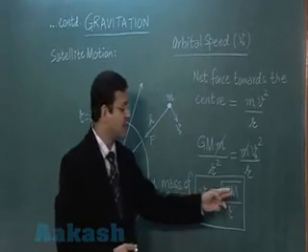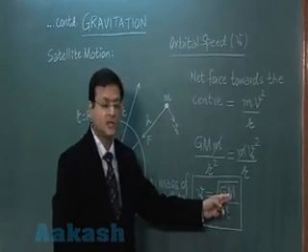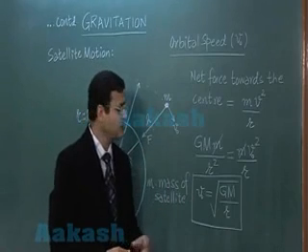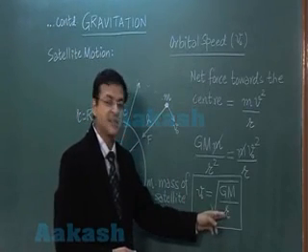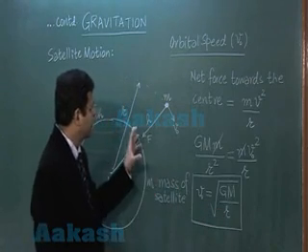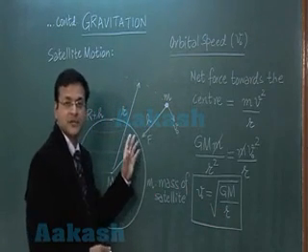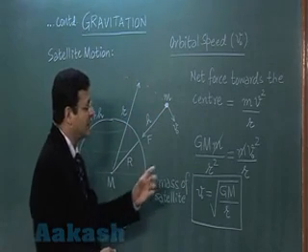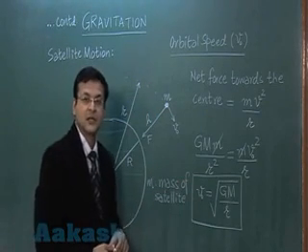For example, central mass here is capital M, that is the mass of the earth, and the orbit in which you are placing it. If you see the expression, r is in denominator. That means if a satellite is very close to the surface of the earth, the value of small r will be very small and the orbital speed will be very large.